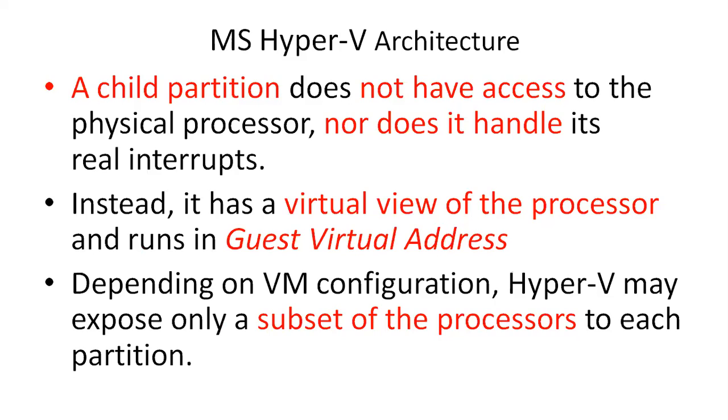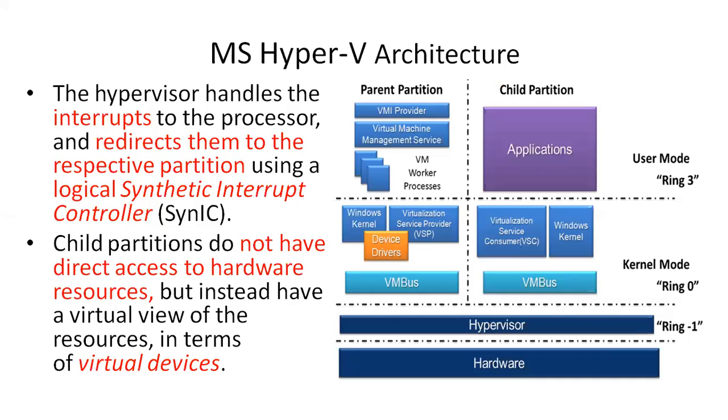Instead, what is the specialty of the child partition? It has a virtual view of the processors and a guest virtual address space. Depending on the virtual machine configuration, Hyper-V may expose only a subset of processors to each partition. That is a feature of the Hyper-V architecture.